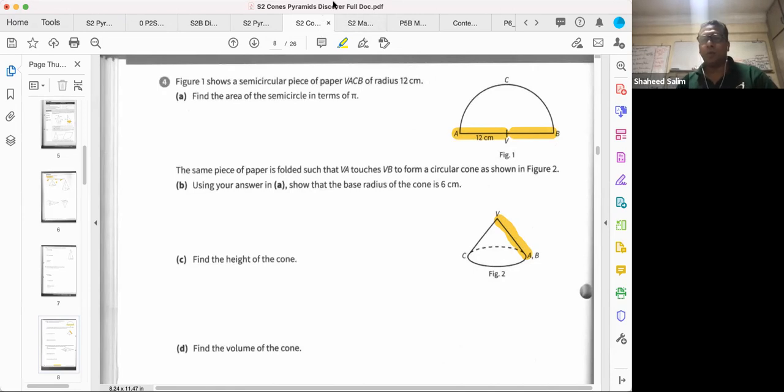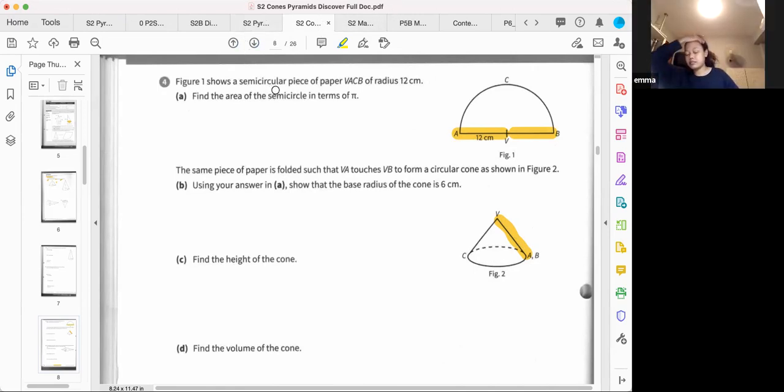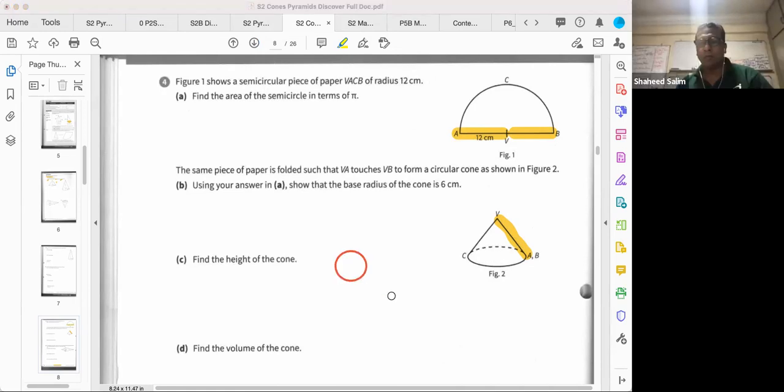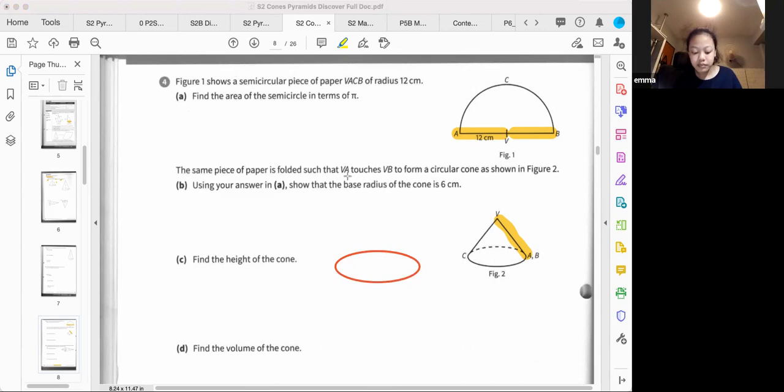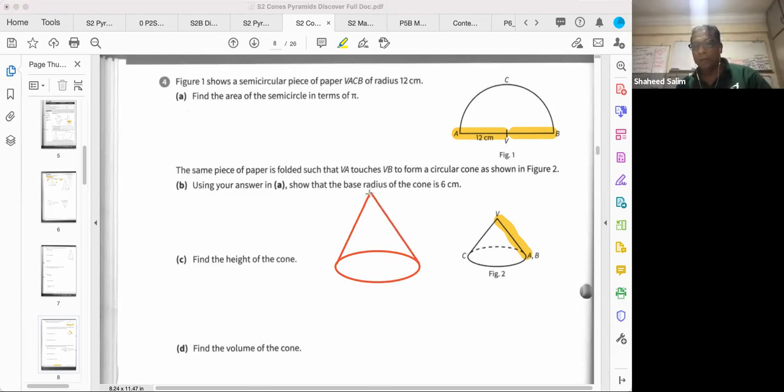So if I were to draw the view now from the front, let's see, this is the front. And then down here, the radius now is going to be here. There are two radii, right? But it's going to be side by side.